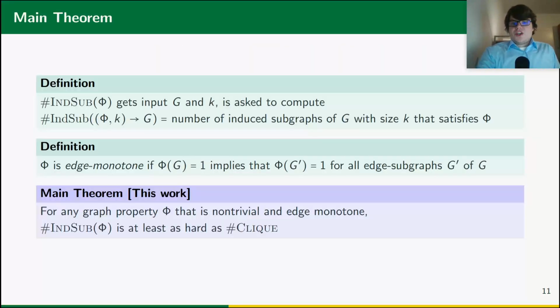So we basically show the statement that for all graph properties phi that are non-trivial and edge monotone, this problem IndSub(phi) is at least as hard as the clique problem.